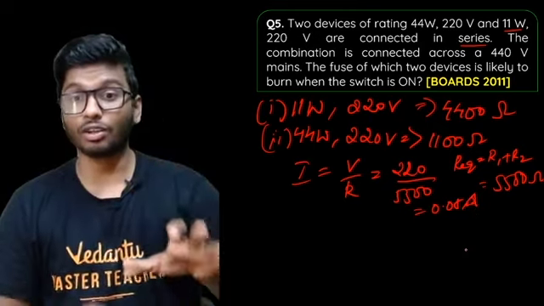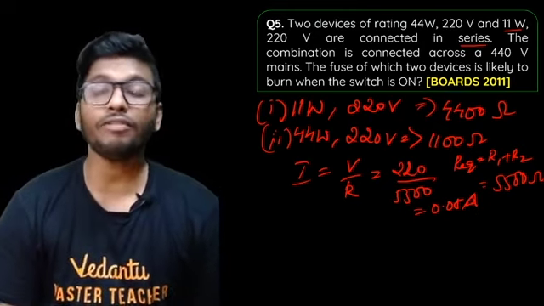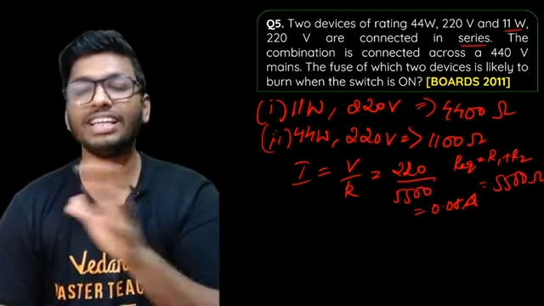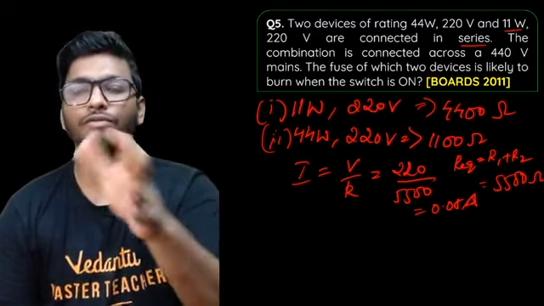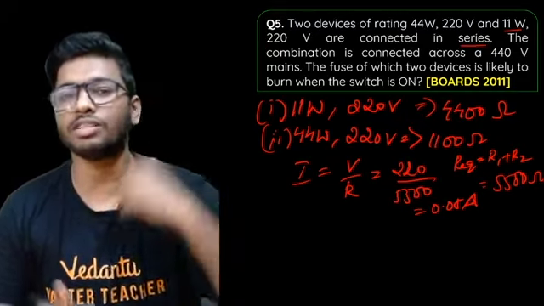So you found out the current, you have also found out the resistance. Now all you have to do is find out the potential difference across the first device as well as the second device.